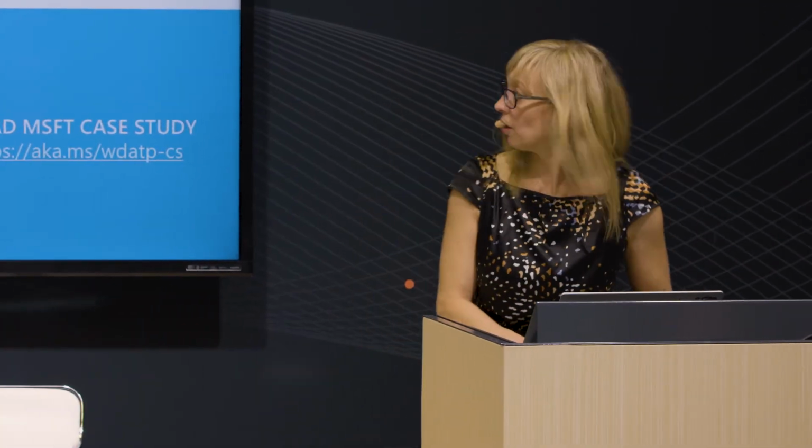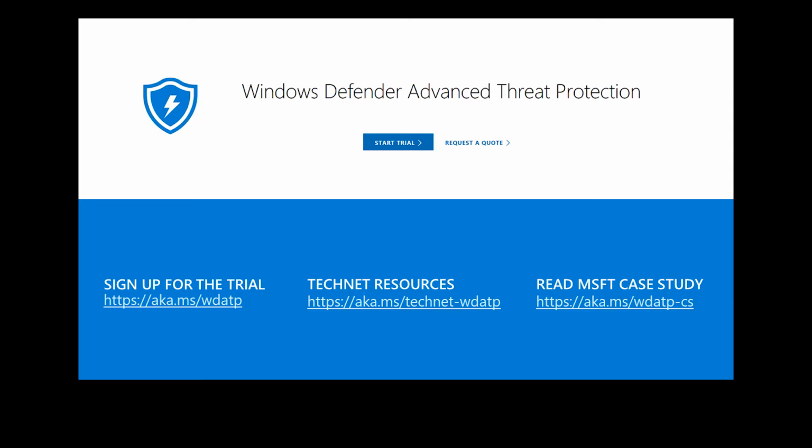So, you can trial Windows Defender ATP on as many machines as you want, it's nothing to deploy. You need to have Windows 10. You have to onboard those machines, which means you create your own Windows Defender ATP tenant in Azure. It's our Azure tenant. And then it's an onboarding script.